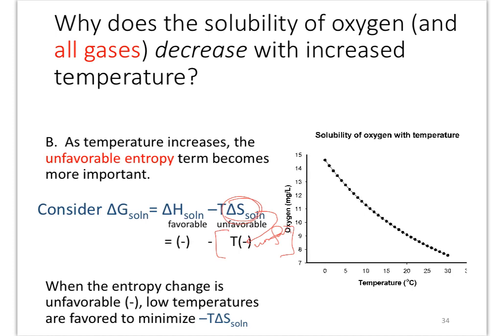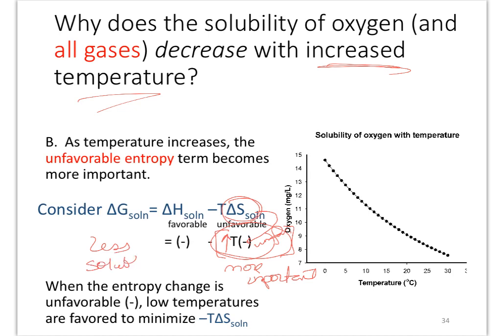So in order to help make a gas soluble, you want temperature to go down. In this case, though, temperature is increasing. So as temperature increases, this whole unfavorable term becomes more important, and the substance is going to become less soluble, because G will probably end up being positive.